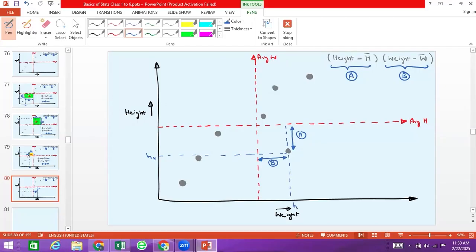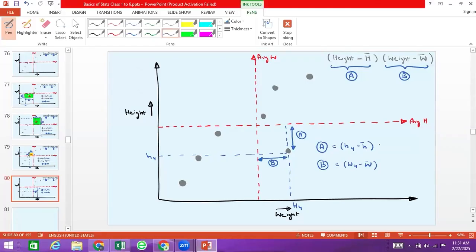And let's call it W4. Okay. Now A, which is H4 minus H bar, and B, which is W4 minus W bar.